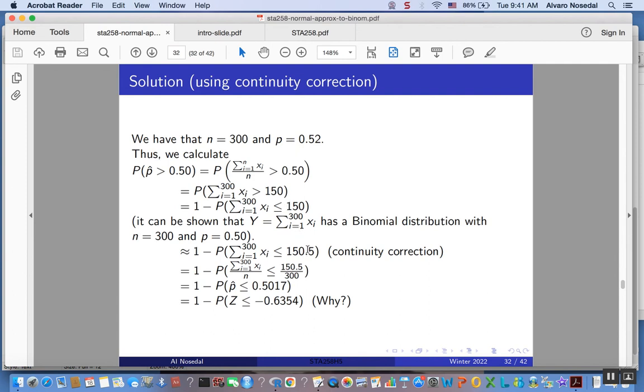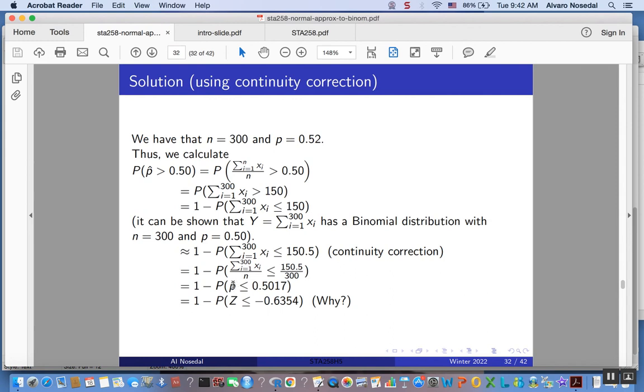And when you do that, the approximation is going to be better. That's what we mean by a continuity correction, adding that 0.5 here. And then once you're there, just go back to your p hat and standardize.